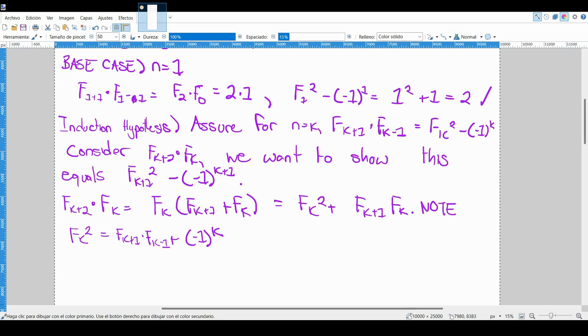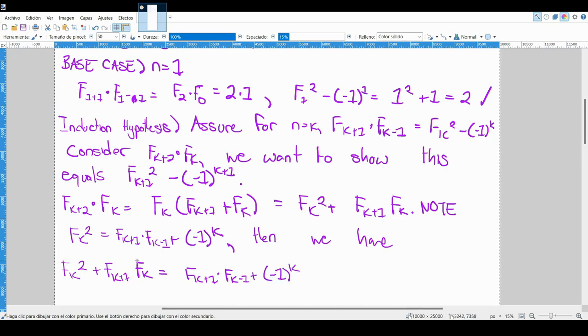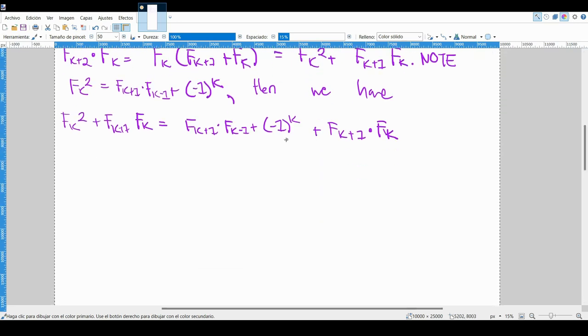Then if we implement this substitution, we have fk squared plus fk plus 1 times fk equals fk plus 1 times fk minus 1 plus negative 1 to the k, just doing the substitution here, plus fk plus 1 times fk. And we are just going to put all the Fibonacci terms to the left here.